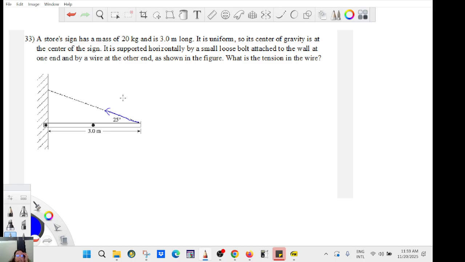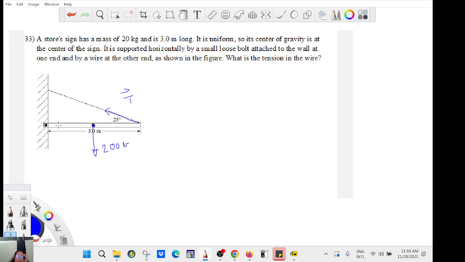Agree? Oh, you have a store sign. Okay, so at that location here, you have a weight, which is 200 Newton.